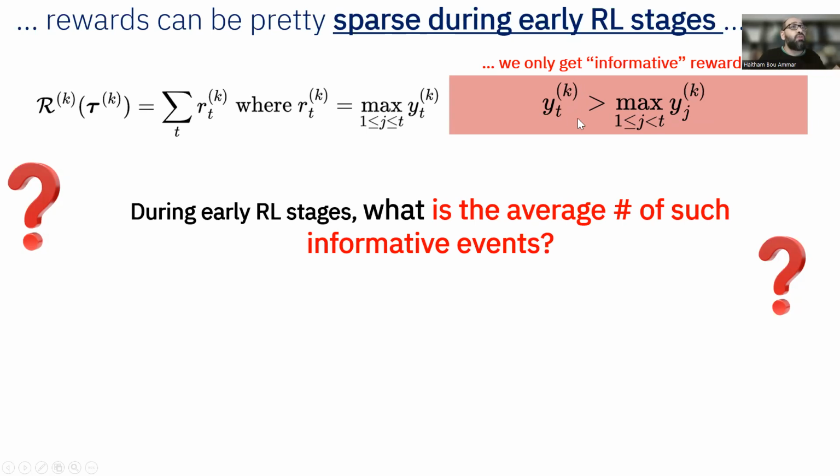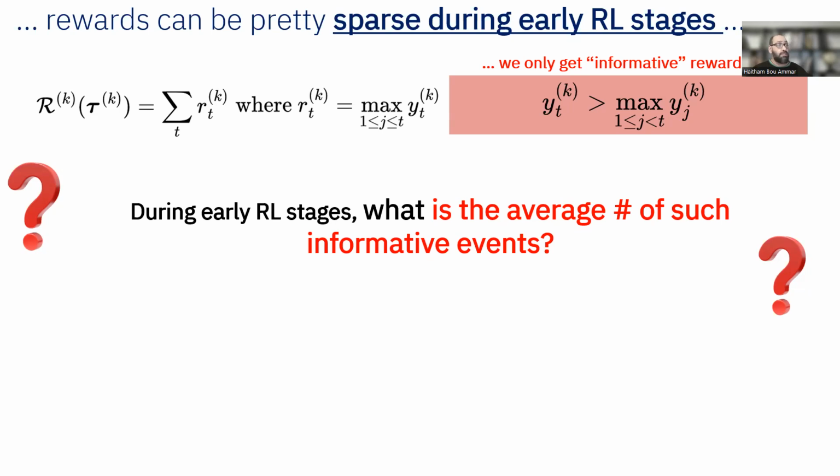Otherwise, it will not contribute anything, because that's how regret is defined. So in other words, we define how informative a reward is by the event that y_tk is bigger than the max of the Ys you have seen so far. Therefore, for this reward to be informative and thus contribute to the gradient and help supervise reinforcement learning, this event has to occur.